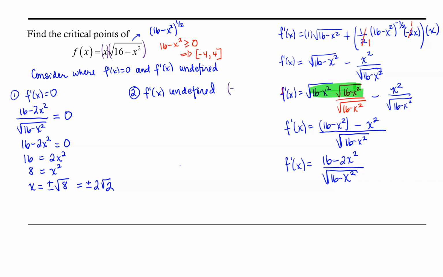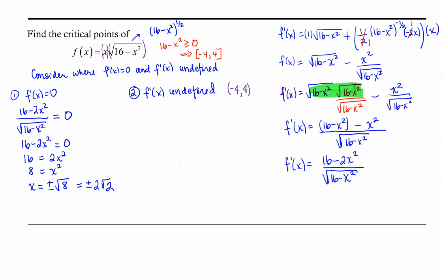Well, that means we're considering points that are bigger than -4 and less than 4. That's what it means to be interior to the interval. We have to exclude the endpoints.